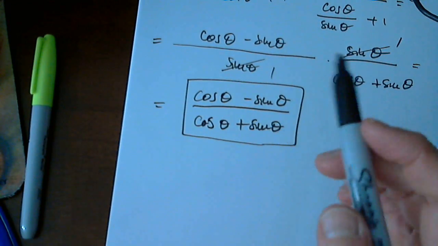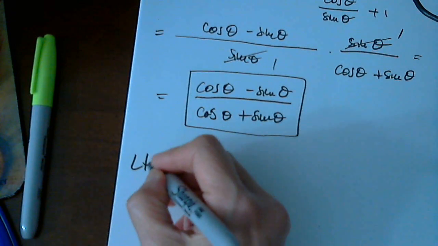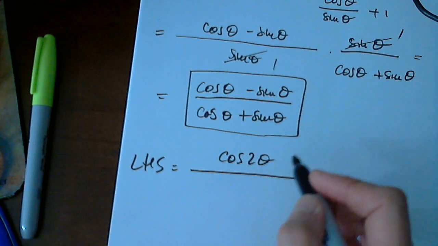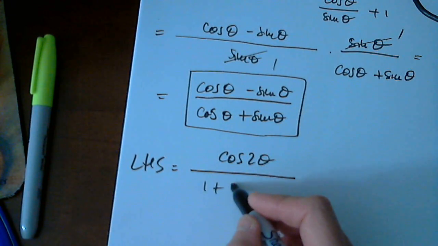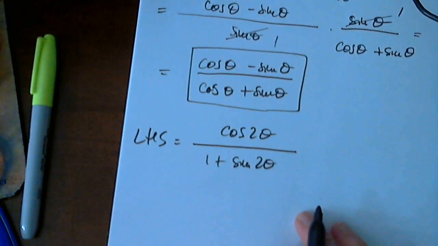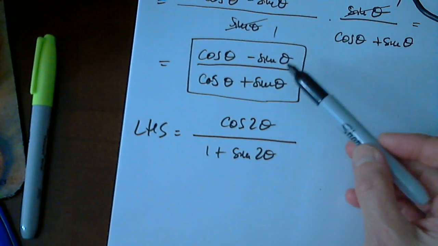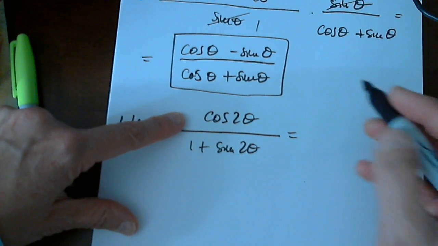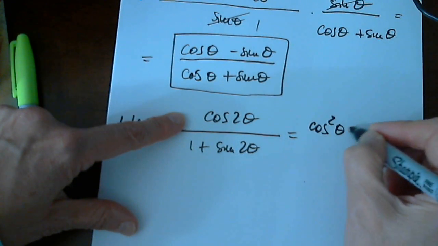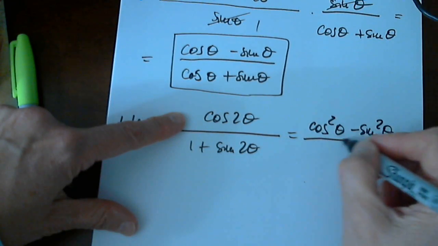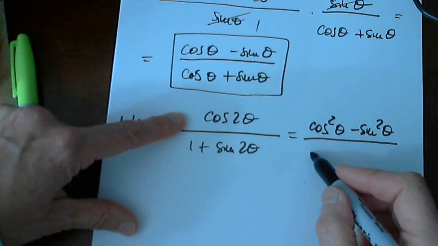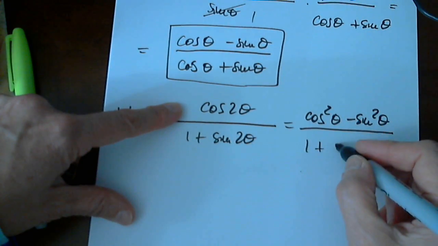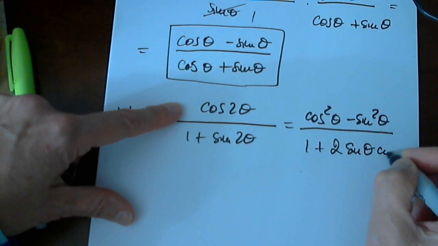So now I have an idea, and let me go back to the left-hand side. The left-hand side, once again, was cosine 2 theta over 1 plus sine 2 theta. Cosine 2 theta is cosine squared theta minus sine squared theta over 1 plus. I'm not really sure what to do with that, but I'm going to change it into this.